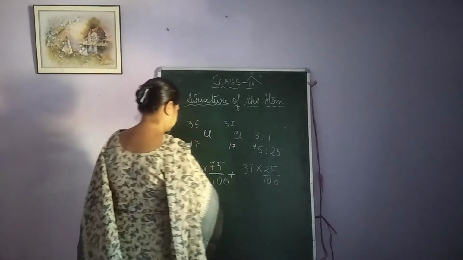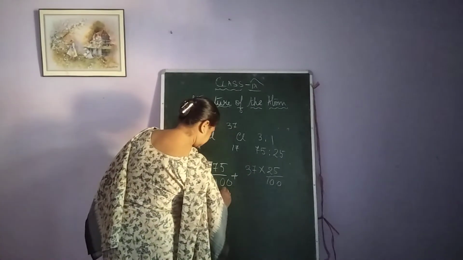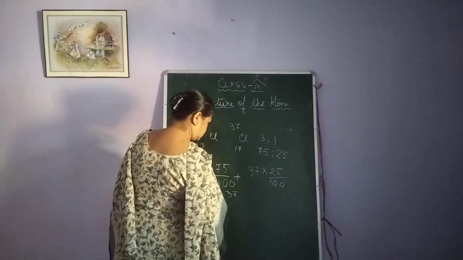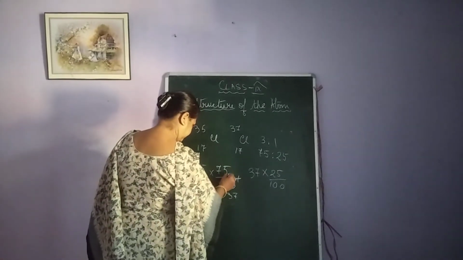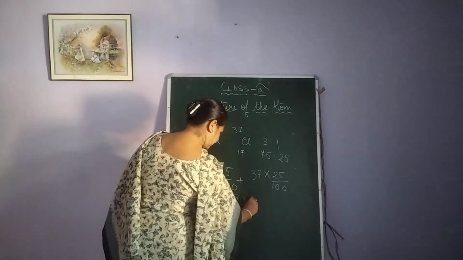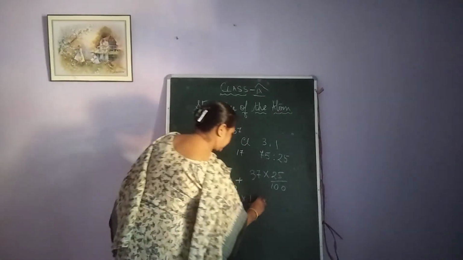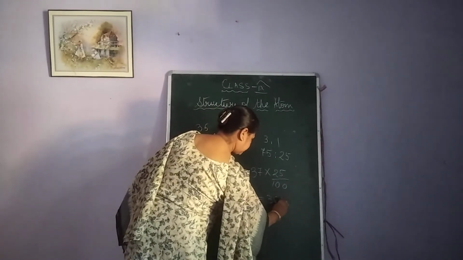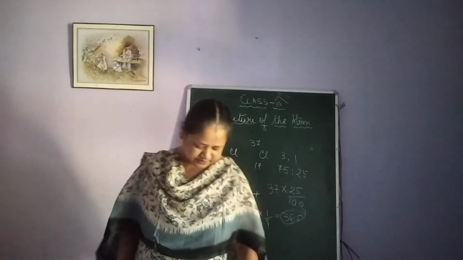So that is 35 into 3/4 plus 37 into 1/4. If you do the calculation, you will get 35.5. So that is the mass of chlorine.